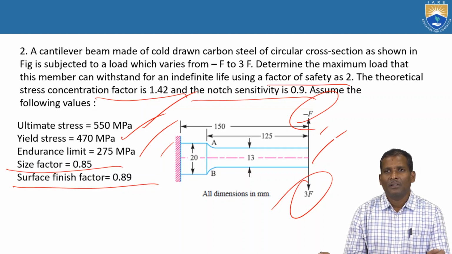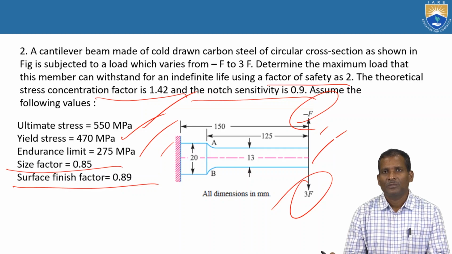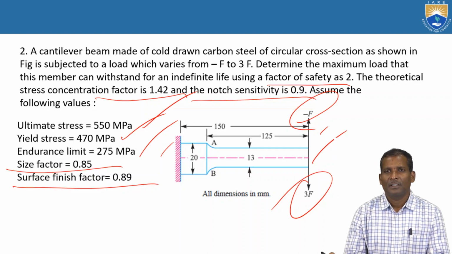See, in the given data, the load is given as minimum to maximum. So we need to calculate mean load and mean stress, and then variable load and variable stress. Next, the variable bending moment and mean bending moment.